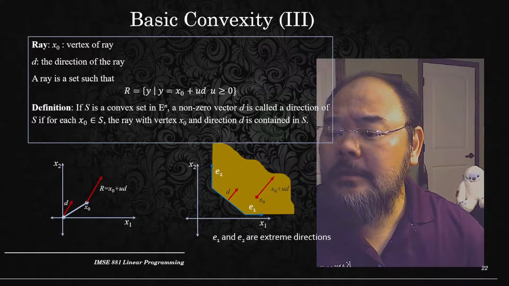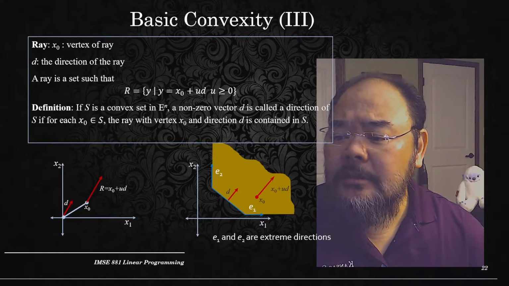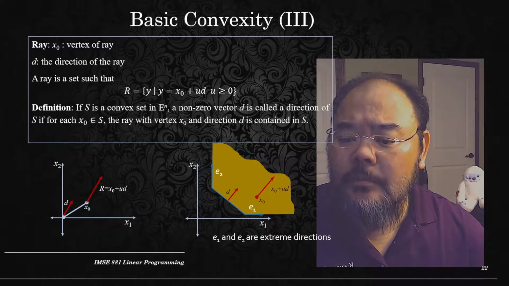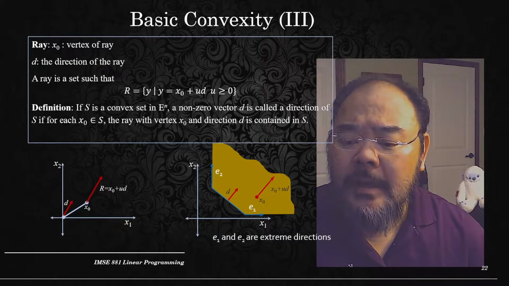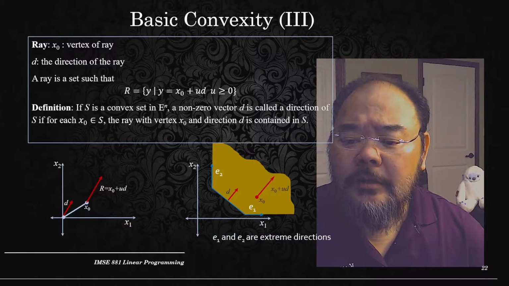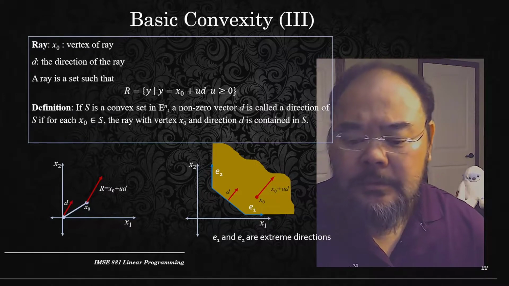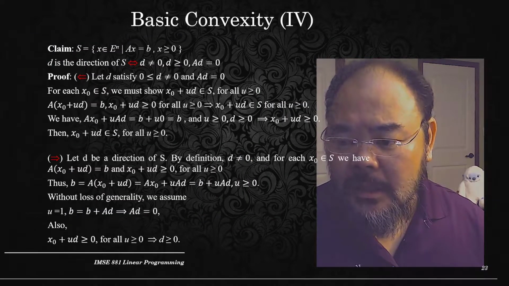The ray is defined by a particular vertex and the direction of the ray. So basically, y represents all the points starting from x naught going all the way along this direction D with any positive amount of scale. Let's take a look at how to prove that.